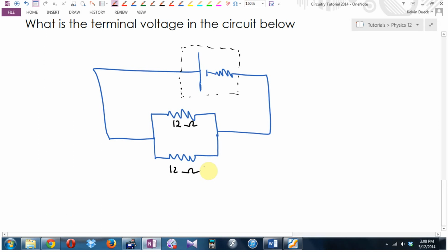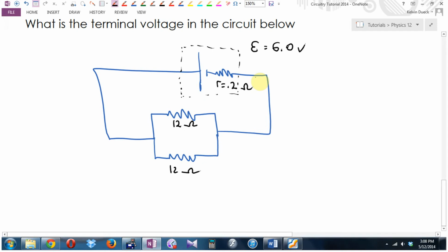Let's suppose I said the EMF is 6.0 volts. And let's make my internal resistor here pretty small. How about 0.2 ohms? Okay.